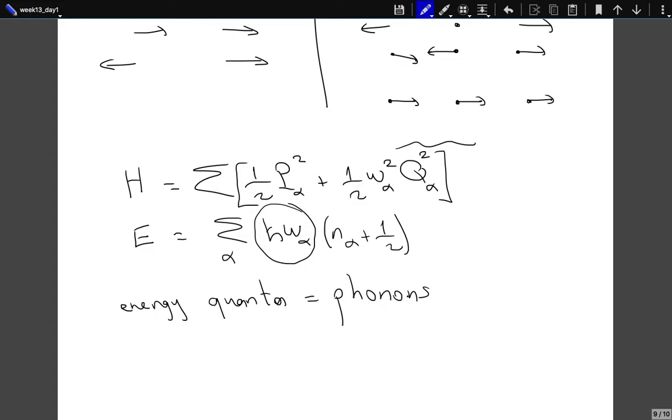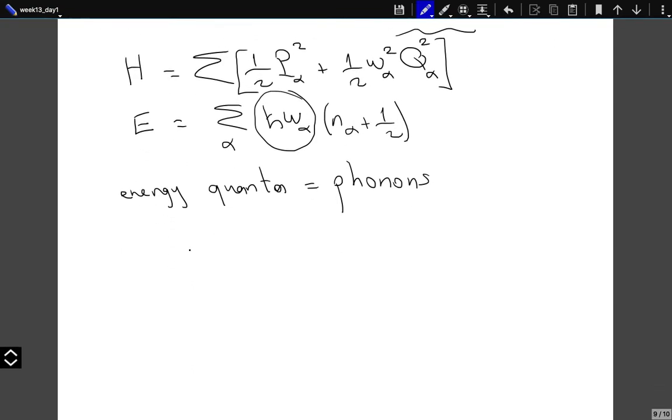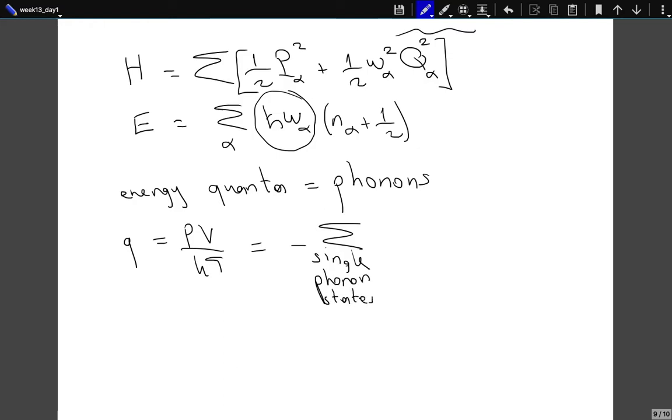And in fact, whatever we derived back in the case of the electromagnetic radiation will still be valid over here. We can write the Q potential, which will be PV over kT, as minus the sum over single phonon states of the logarithm of 1 minus e to the power minus beta h bar omega alpha.